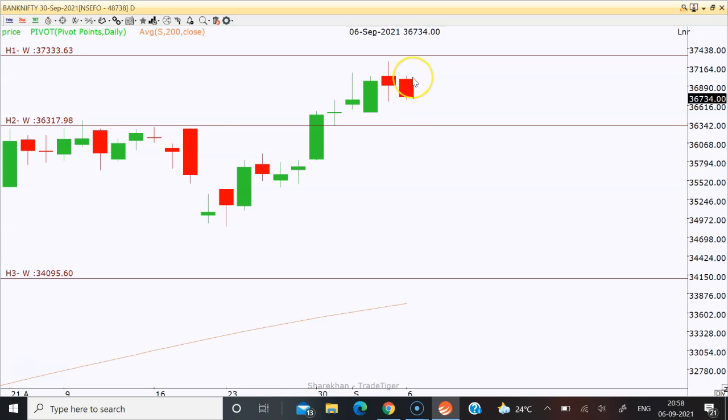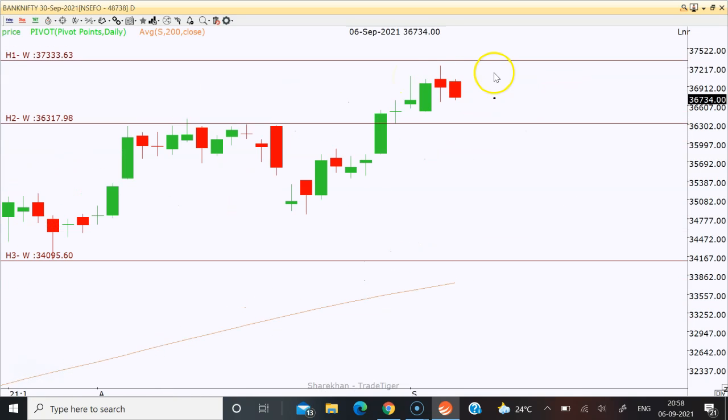In the daily time frame, we can clearly see an indecision candle formed in between this green and red candle. And today's candle is a red bar, but it never took 36,668, which is Friday's low, last week's Friday's low.